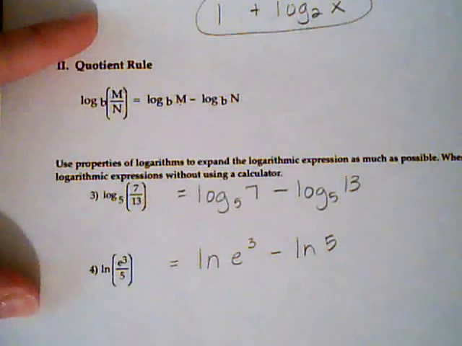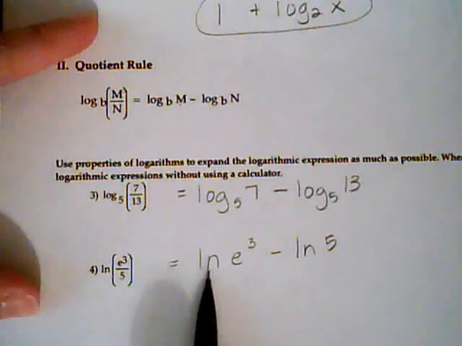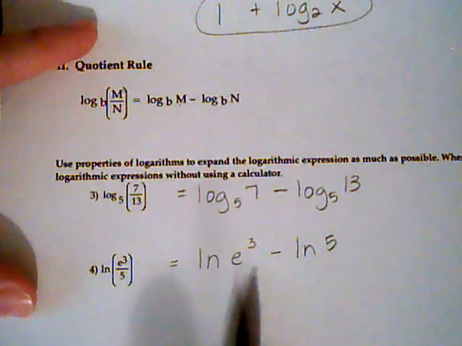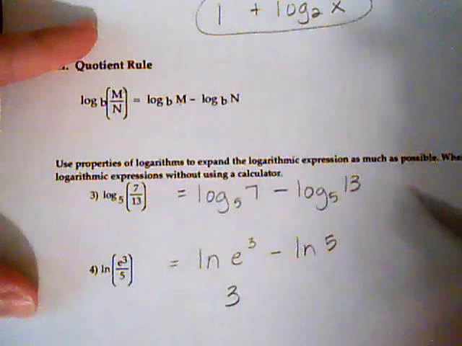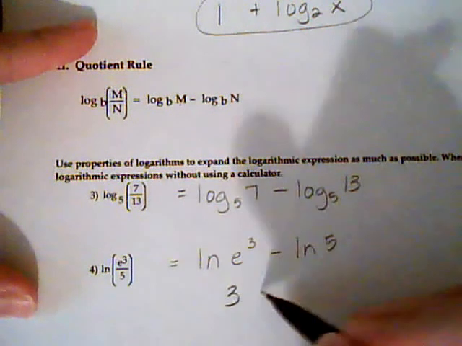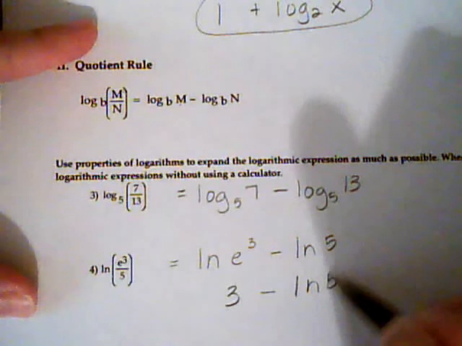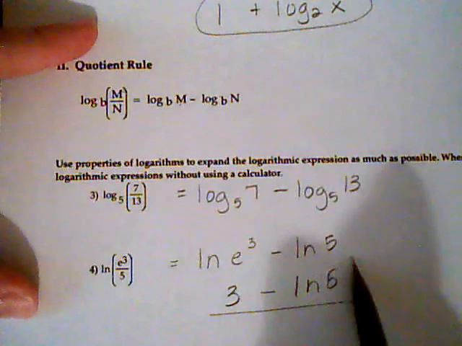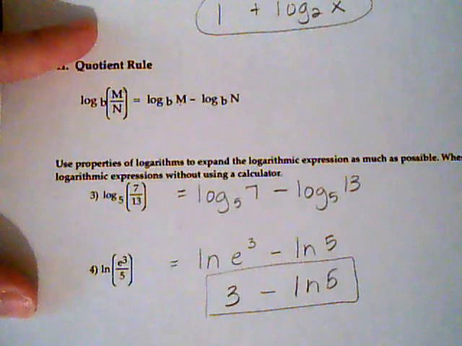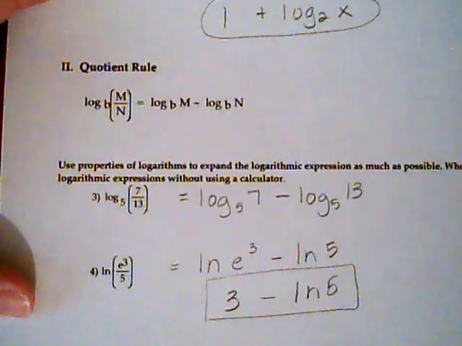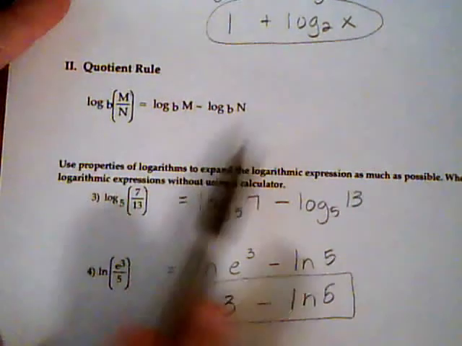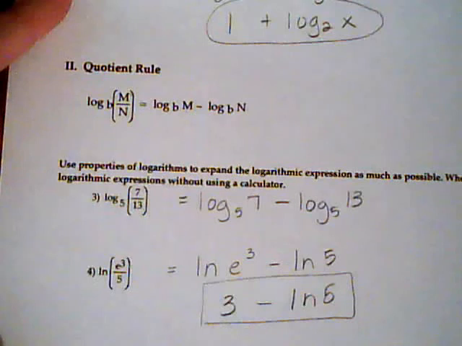Okay, we learned in the previous section that if I have natural log of e, those would just divide out, so that would be equivalent to the exponent, which is 3, minus the natural log of 5. And then that's as far as we could go with it here. Okay, so this is the quotient rule. If you have a logarithmic expression that has a quotient, you're going to rewrite it as a difference of two other logs.